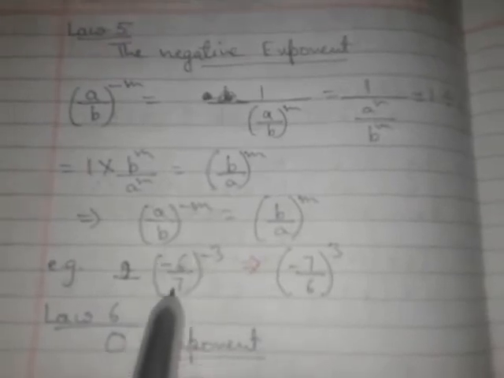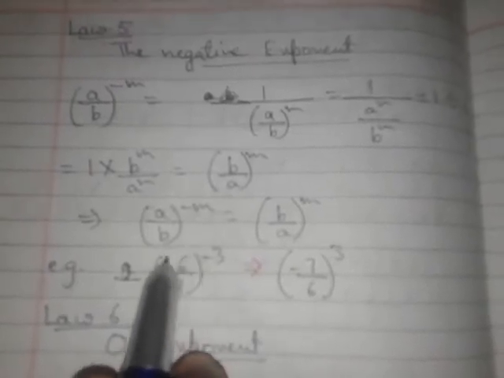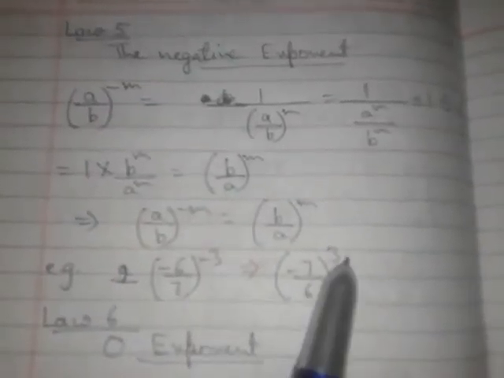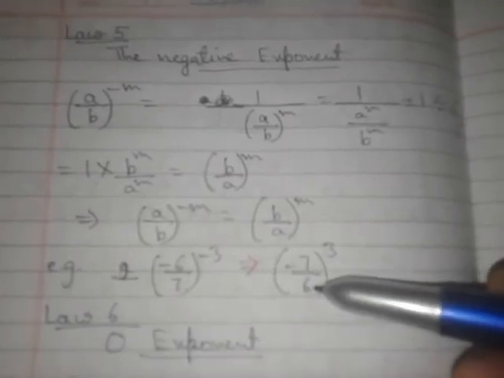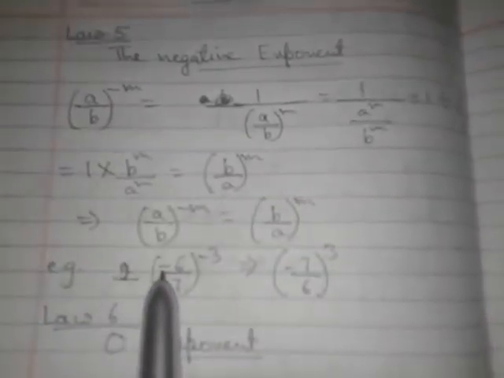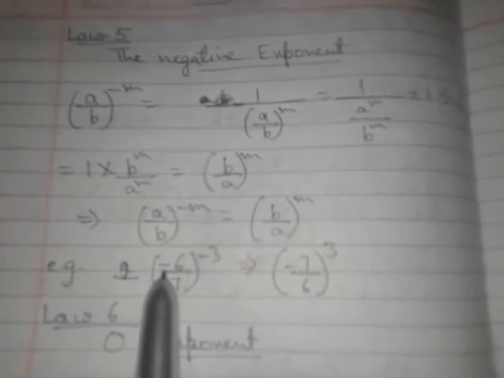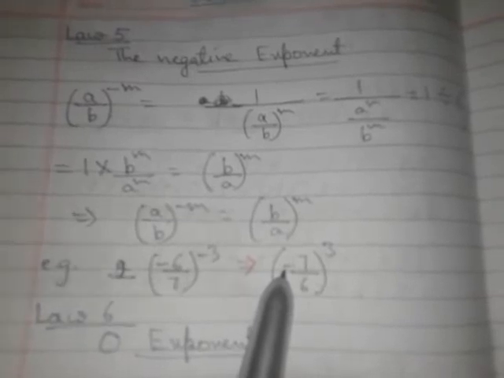Also notice that the negative sign is in the numerator in both places. Clear? We can write it this way.